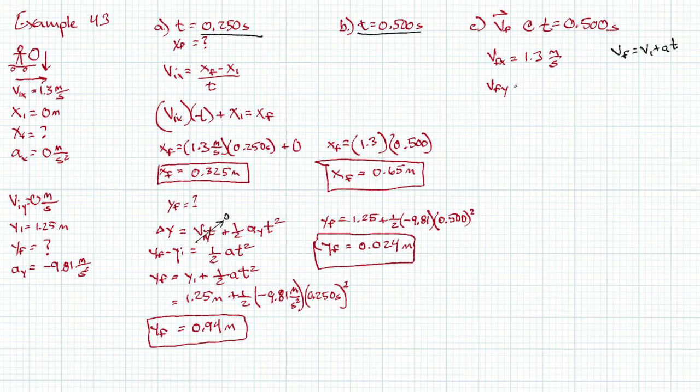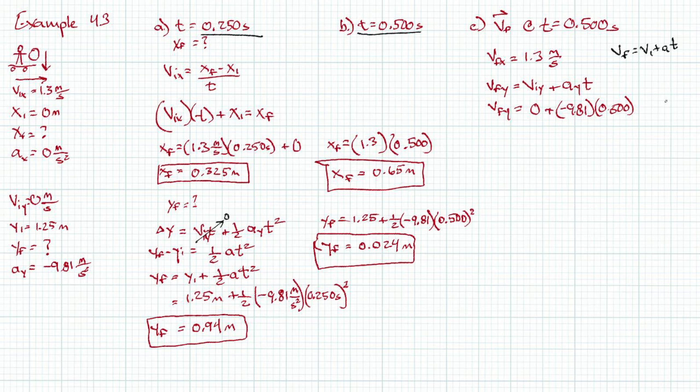Do we have a V initial in the y direction? Yeah, we do. It happens to be 0, but that's convenient. Plus acceleration in the y direction? Yeah, we have acceleration, and we have a time as well. So V final in the y direction goes 0 plus negative 9.81 times time, 0.5 seconds.